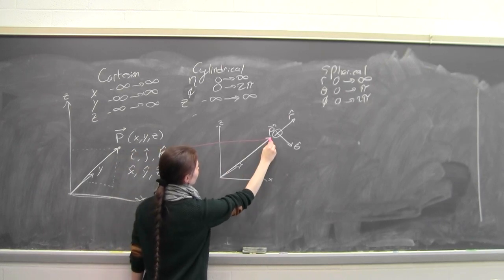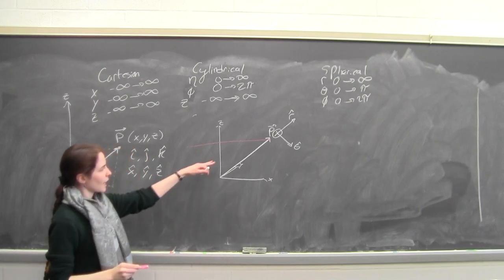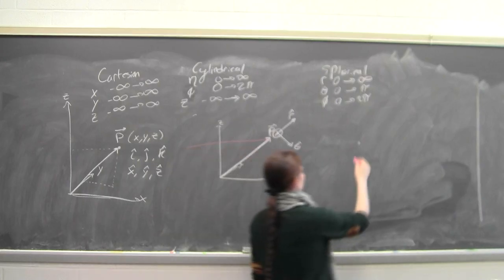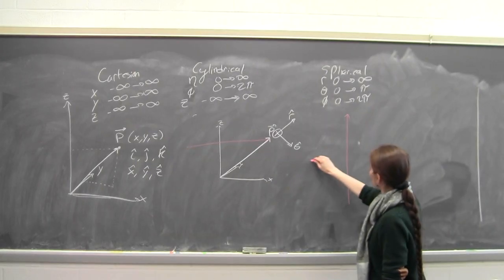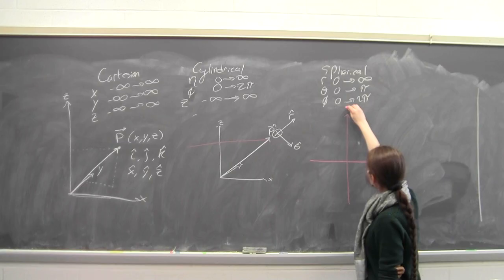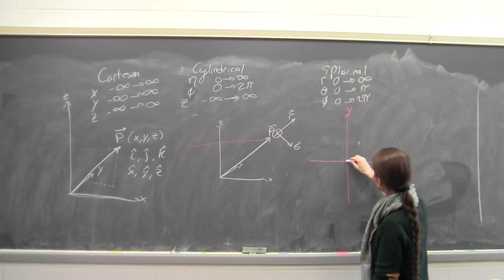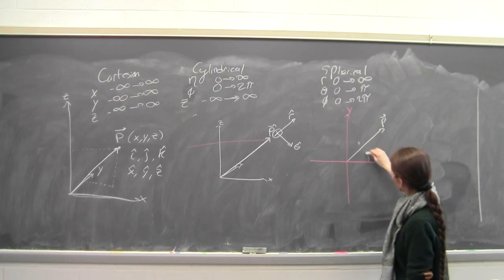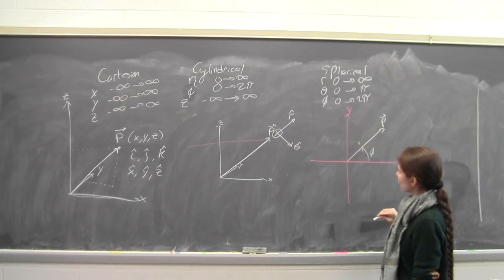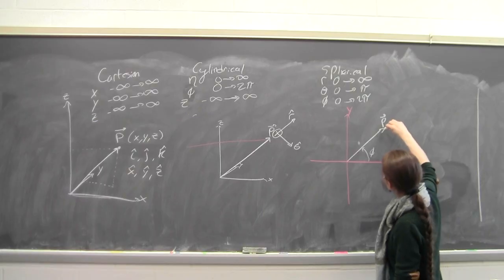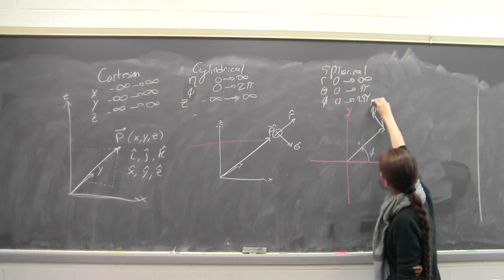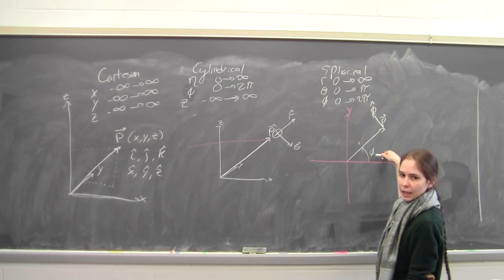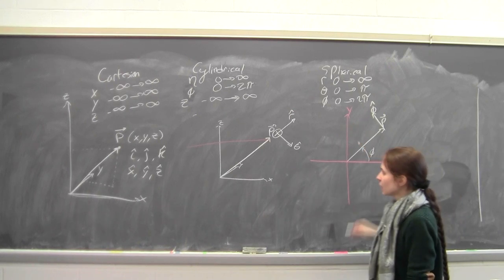I'm going to draw a projection of the xy plane at this location. So if I do that, I've got x and y, and here is my vector P. Here is my azimuthal angle phi, and here we can see that phi hat is pointing in this direction when we project it down into the xy plane.